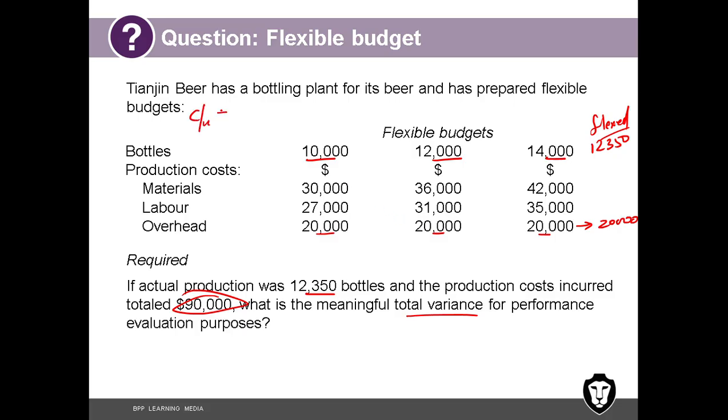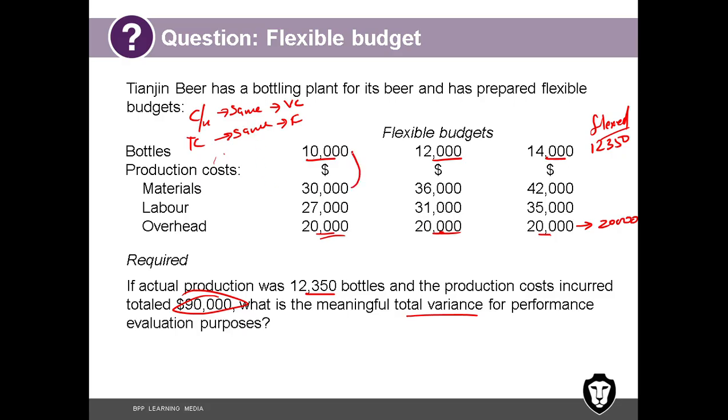So how do you find variable or semi-variable? If cost per unit is same, constant, then it's a variable cost. If total cost is constant, that is a fixed cost, which is what I applied for this one. If none of these conditions are satisfied, then it will be a semi-variable cost.